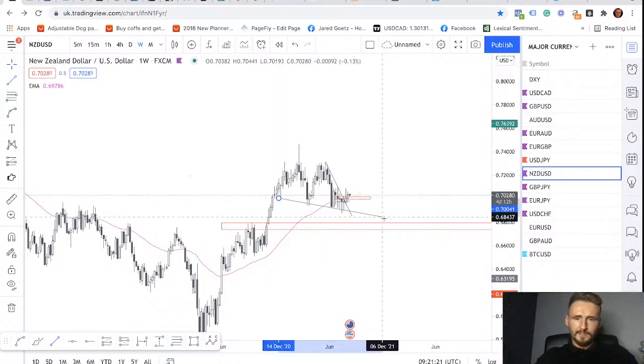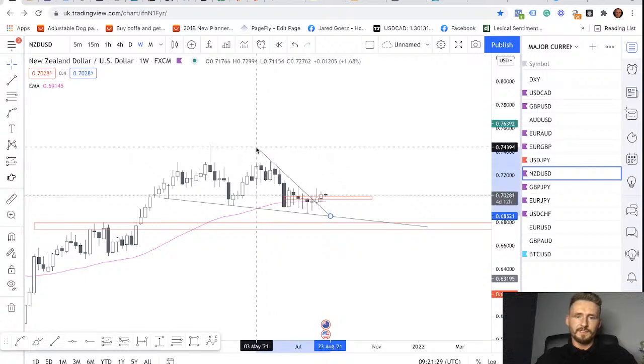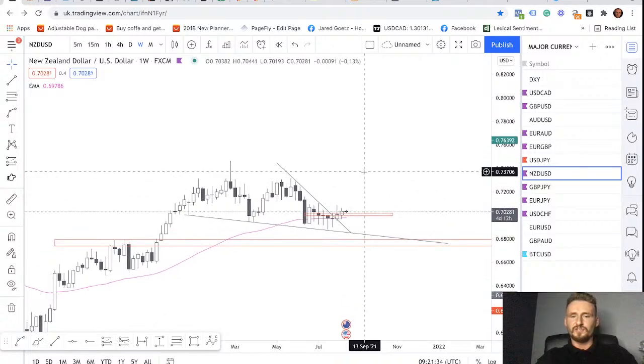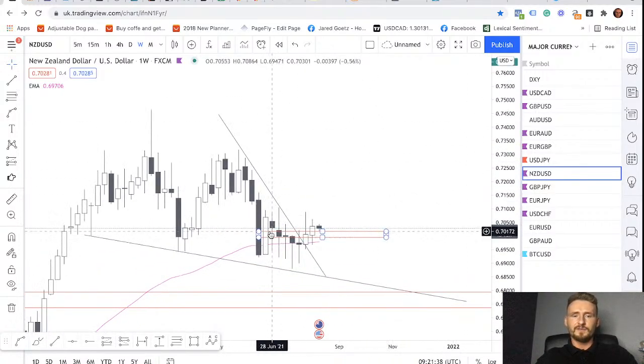But I mean, you can see on the weekly here, we have broken out of this, I don't really know what you would call that, to be honest. I mean, it's a wedge of some sort. It's not symmetrical, it's ever so slightly descending, but we are slowly starting to come down. You can see that the sellers are really getting pushed away hard here.